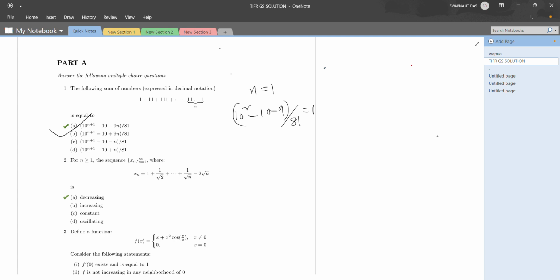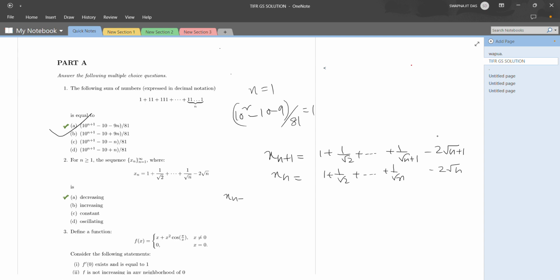The second one is asking whether xn is decreasing, increasing, constant, or oscillating, or anything. So xn plus 1 is 1 plus 1 by root 2 up to 1 by root n plus 1 minus 2 root n plus 1, and xn is 1 plus 1 by root 2 up to 1 by root n minus 2 root n.